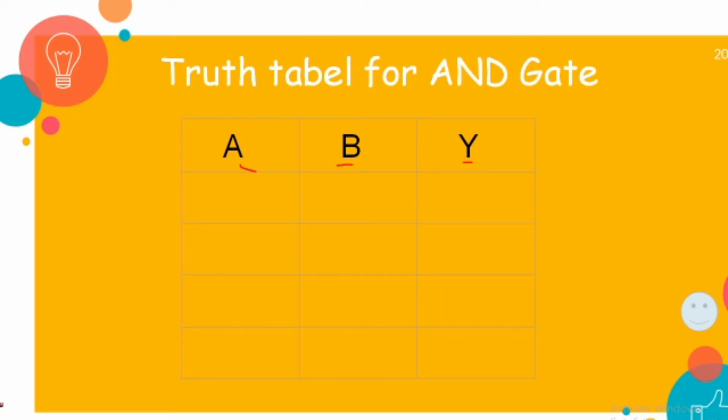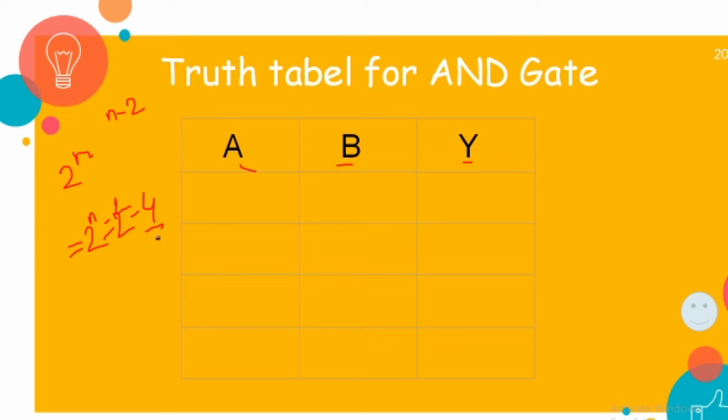Here we have a formula, 2 to the power n, where n is the number of inputs. In this case we have two inputs, A and B, so it will be 2 power 2, which gives us 4.